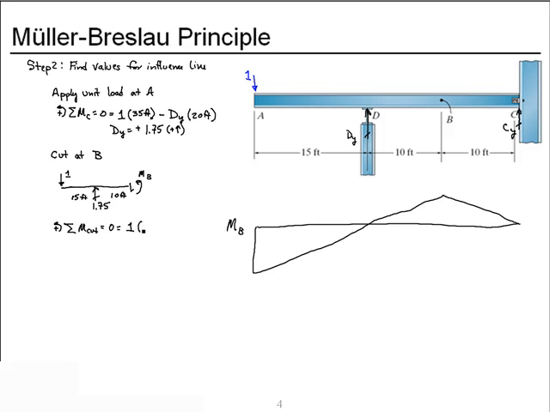My unit force acts through 25 feet. My reaction acts in the opposite direction through 10 feet. And we have our unknown moment at the cut, MB. Solving, we get a minus 7.5 feet. Minus is a good sign because our value, according to Muller-Breslau, should be negative.